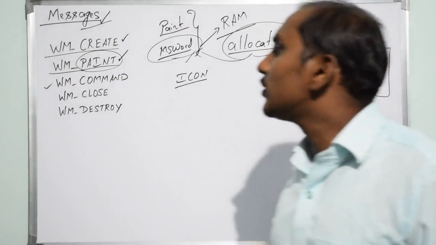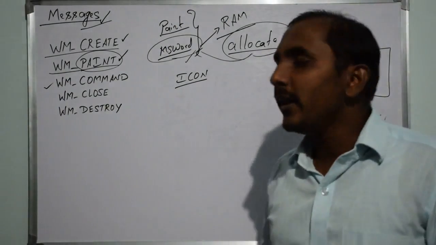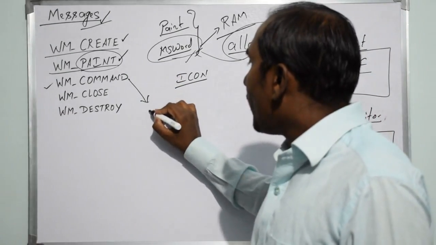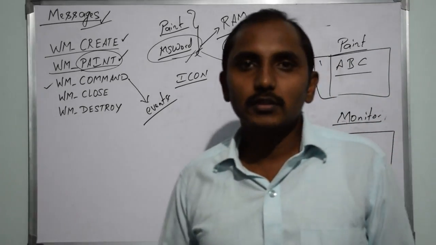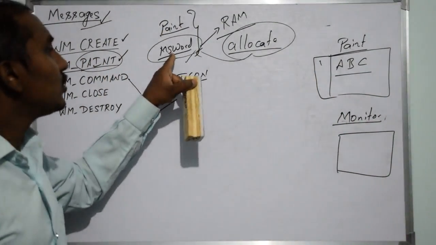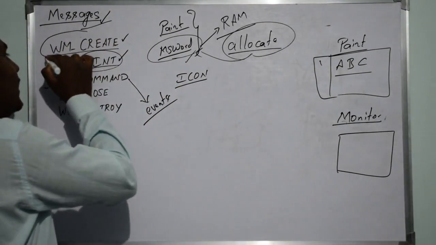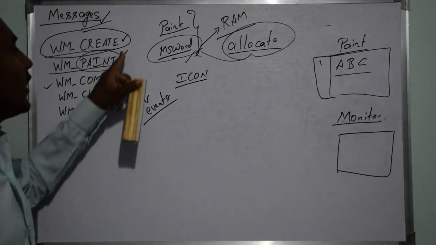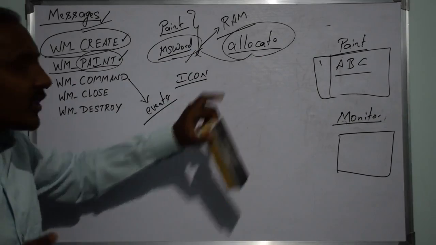Suppose I have started MS Word. Whenever I click on the MS Word icon, it will be created, that is, stored into RAM. Once it is stored into RAM, it is going to call WM paint. That is nothing but on the monitor you are going to see the MS Word application.